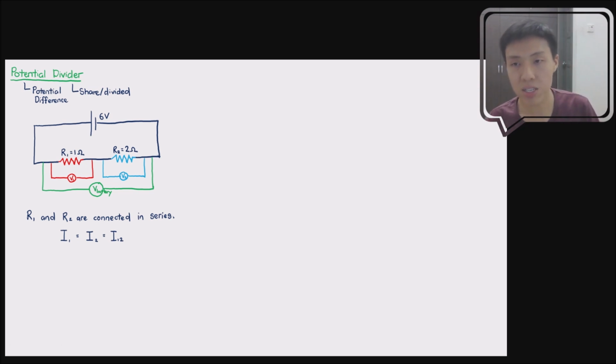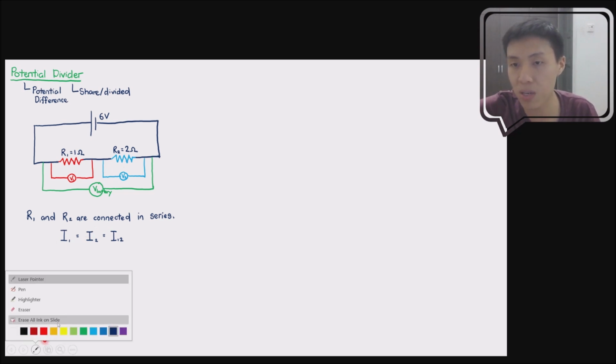Based on this understanding, we can actually derive some new equation which will be quite interesting to understand the idea of dividing potential. Let's say we focus on the potential difference across R1 over here, which is V1. If you're interested in this resistor, can we just ignore R2 right now by saying that I1 will be equal to I12?